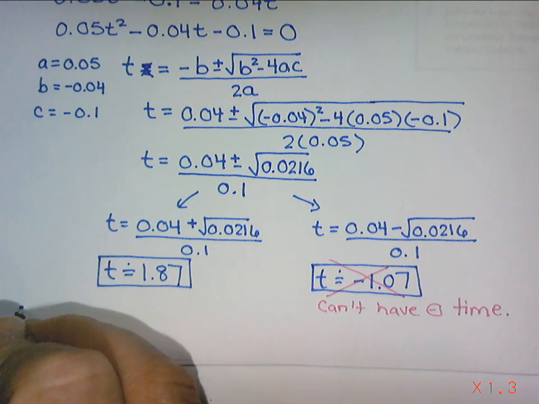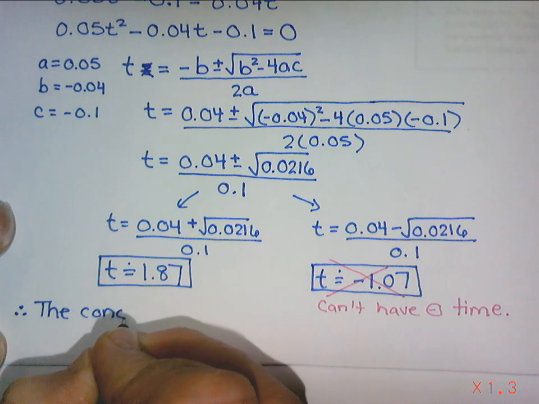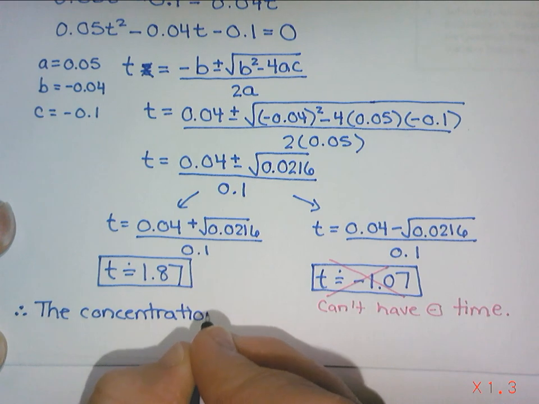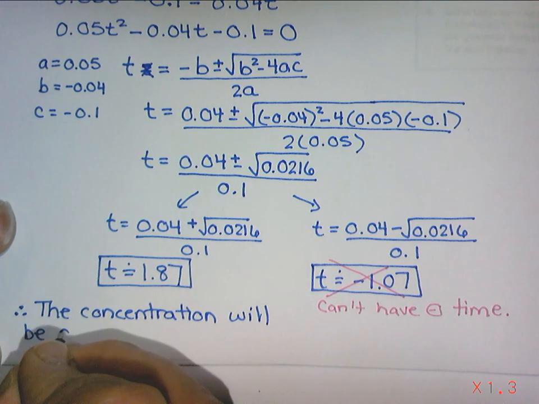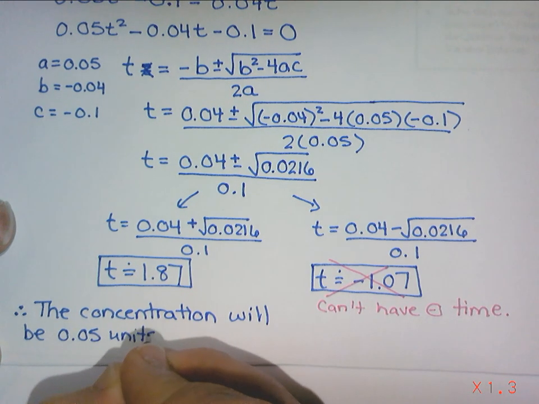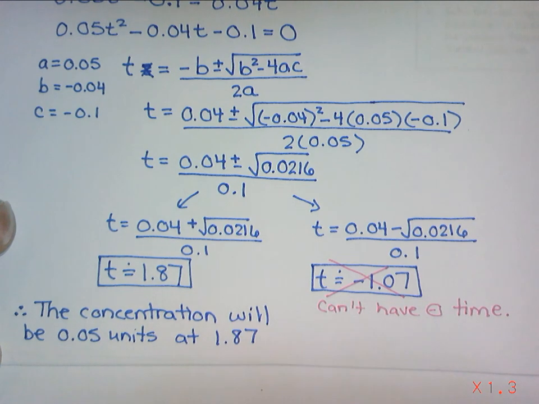So I'm going to say therefore the concentration, word's awfully long, will be 0.05 units at 1.87 hours.